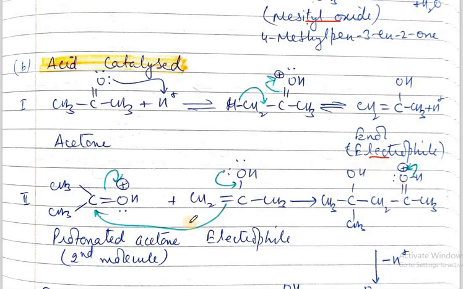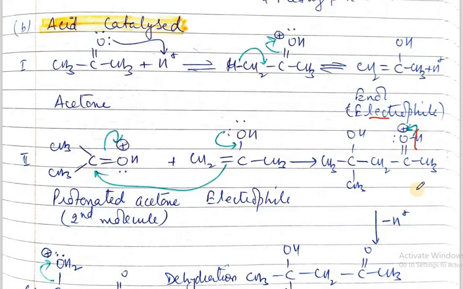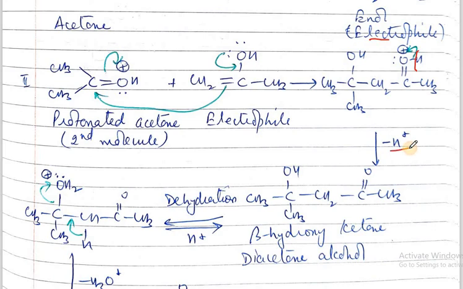Then this whole group is attached to the carbonyl carbon through CH2, C double bond O, CH3, and this has a positive charge, so these electrons move to complete the valency of this carbon. So this oxygen has a positive charge, and in the next step this gets released as H positive, and we get the carbonyl group, and this is the beta hydroxy ketone.